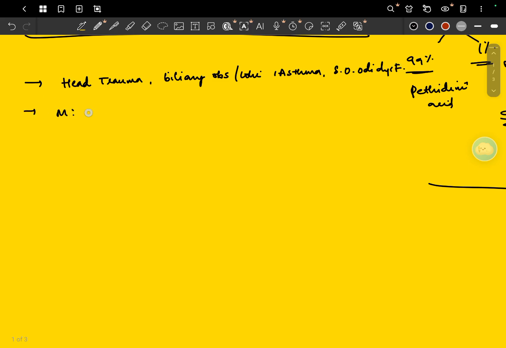Mydriasis is seen with meperidine, and pruritus is one common side effect that is seen with these drugs.